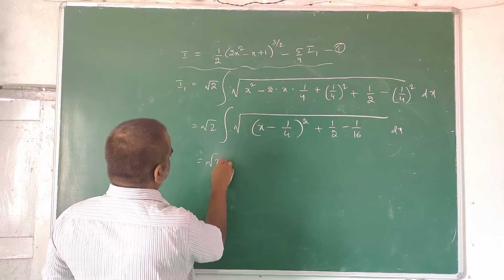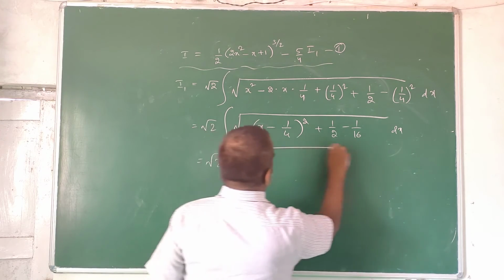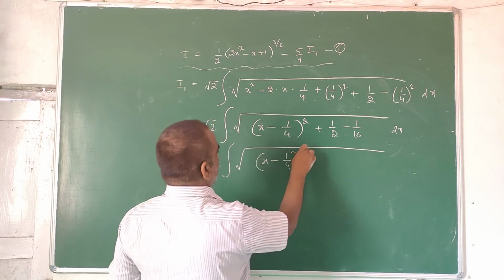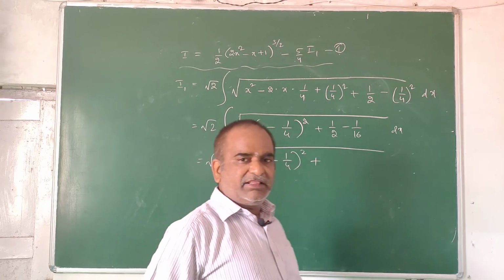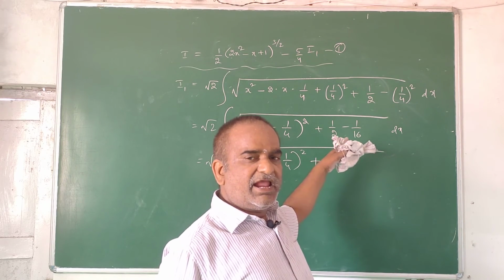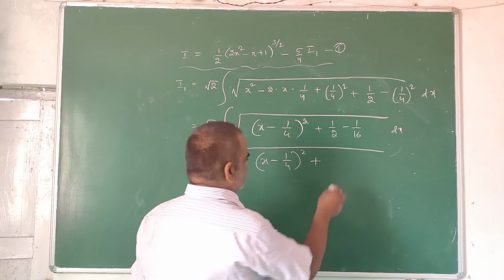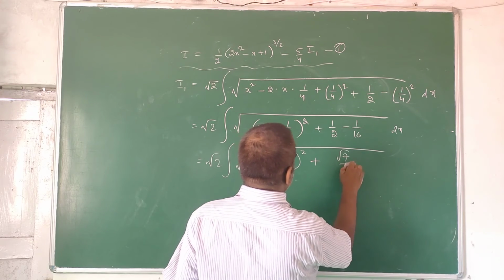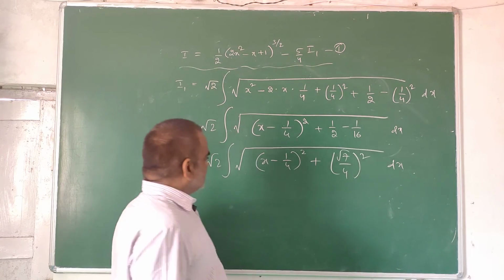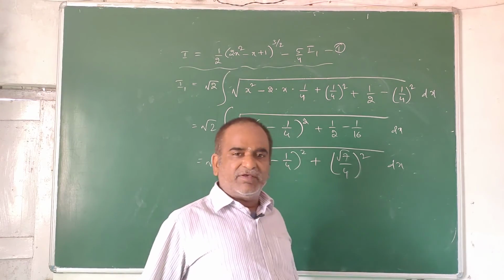Equal to root 2 integral root over x minus 1 by 4 whole square. If you take LCM 16, 2 8s are 16, 8 minus 1 is 7, 7 by 16, which is root 7 by 4 whole square. 7 by 16 means root 7 by 4 whole square.